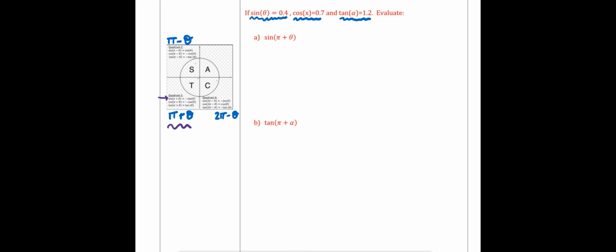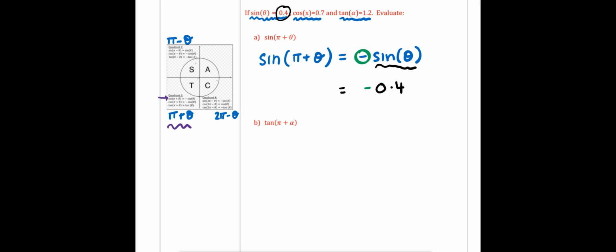So what we can tell is that sine of pi plus theta is actually in the third quadrant, so it's equal to minus sine of theta. And I know what sine of theta is. It's 0.4. So the answer here is going to be 0.4, but there's that negative there. So the answer here is just minus 0.4.